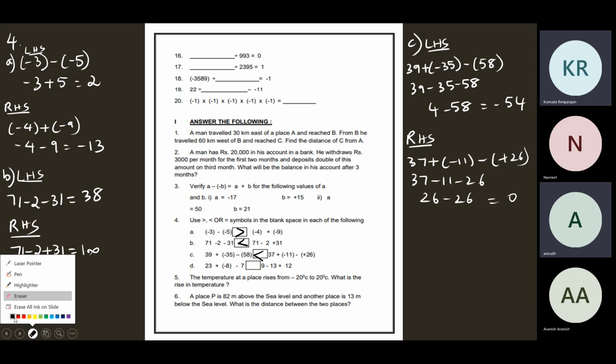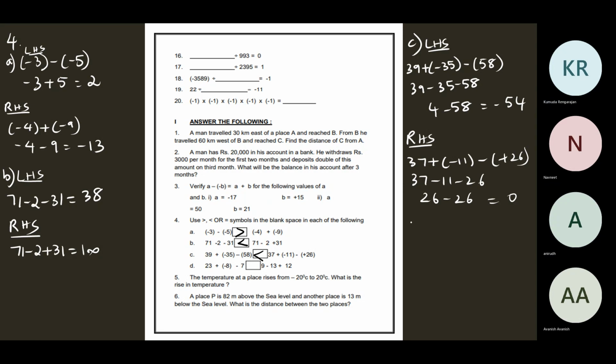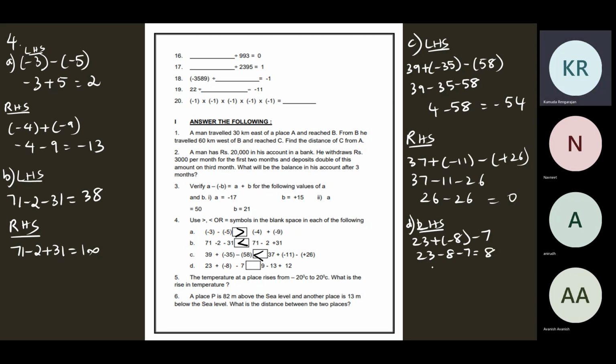Are you following, boys? Yes, ma'am. You should just simplify. Now the LHS is 23 plus minus 8 minus 7. So 23 minus 8 minus 7. What is 23 minus 8? 15. 15 minus 7 is 8.